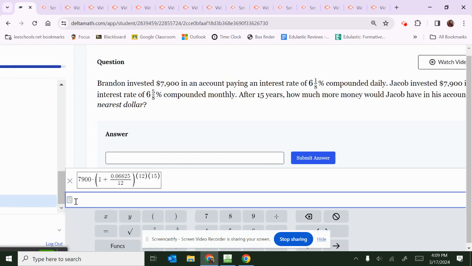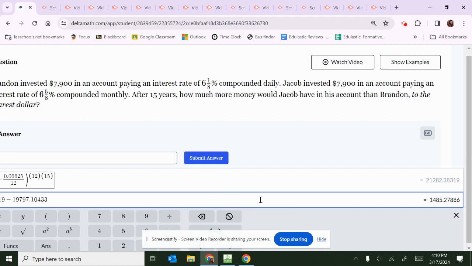In my calculator, I would type 21,282.38319 minus 19,797.10433. And I got 1,485.27886. So yep, write out everything, guys.